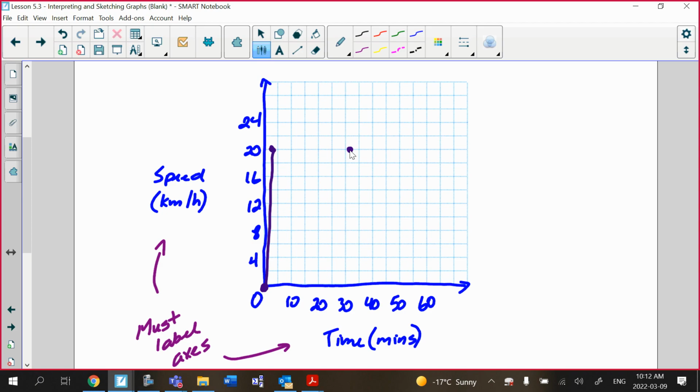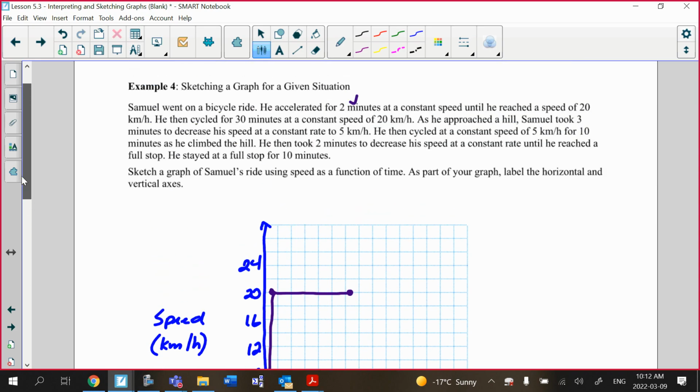Now he's coming up to a hill, so he's going to slow down, and it takes him 3 minutes to decrease his speed to a constant rate of 5. So 5, he's coming all the way down here, because it has to be halfway between 4 and 6. And he does it for 3 minutes. So he should be right about here.